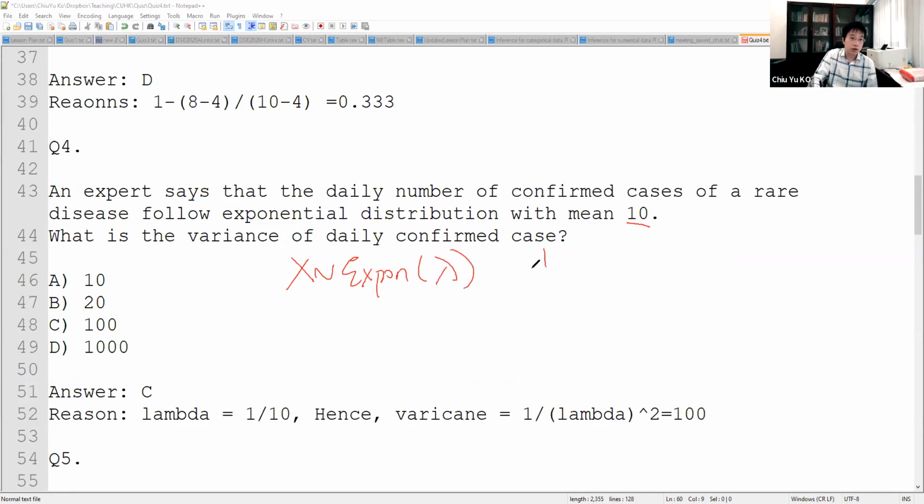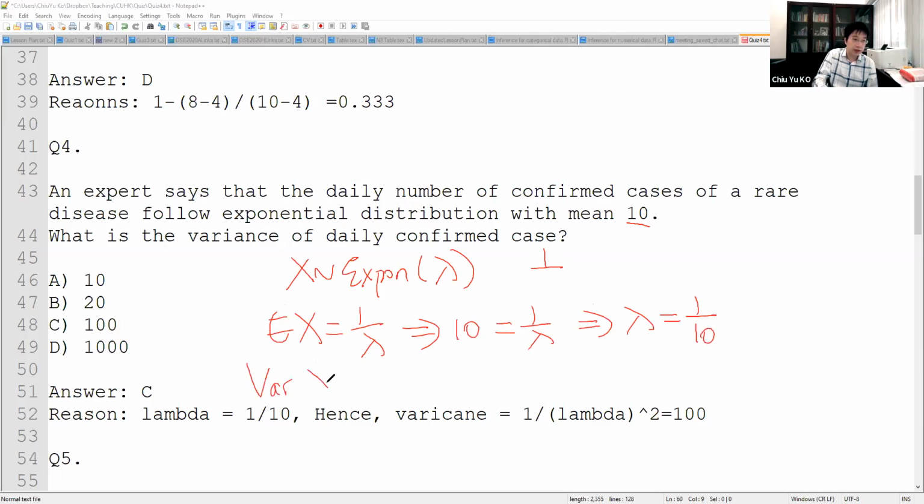And the expected value of X is 1 over lambda. That means 10 is equal to 1 over lambda, okay? That means lambda is 1 over 10. And the variance of X is 1 over lambda squared.